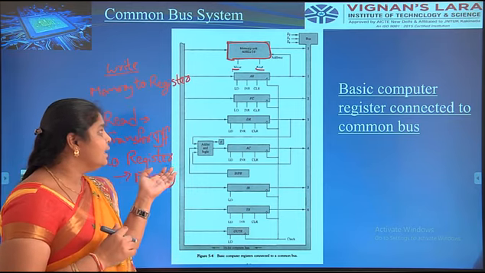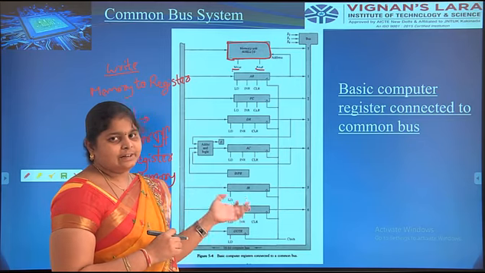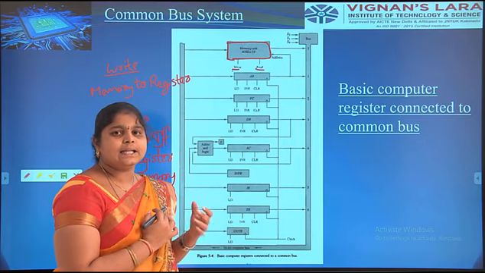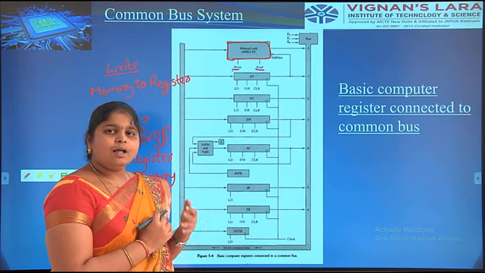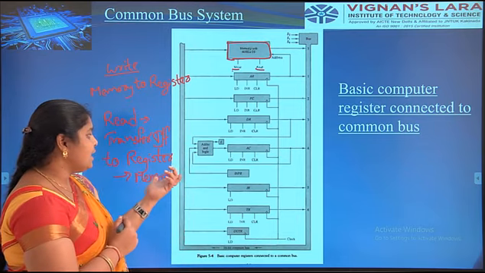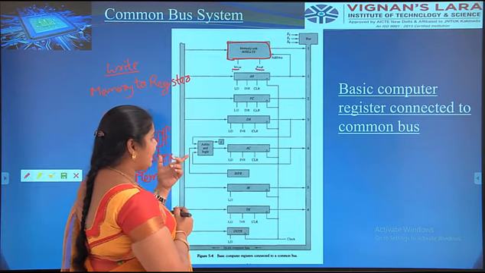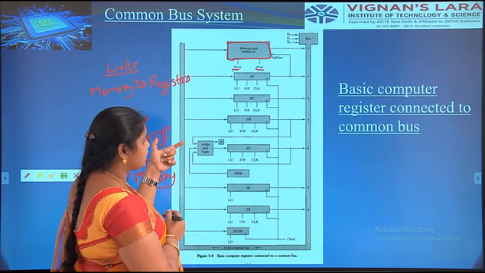Load, increment and clear operations: load enable performs the operations on that register. Increment means the data in that register is incremented by 1. Clear means 0; all the data will be removed from the register. Here the accumulator and data register are processor registers.